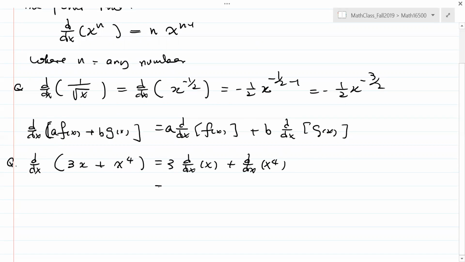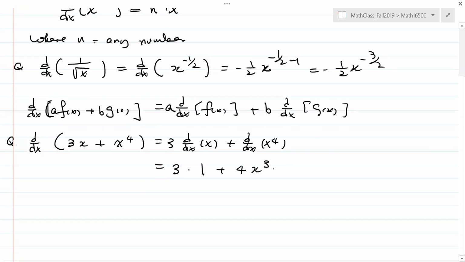Then you apply the power rule. It's 3, the derivative of x is 1, and the derivative of x to the 4th is 4x cubed. So that is the answer. Simple.